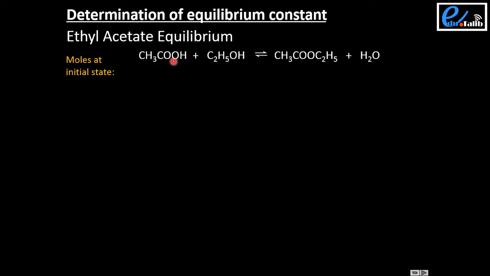Since the number of moles is unknown, we just consider a variable. For acetic acid, this is A, and for ethyl alcohol, we consider another variable, B. Since this is the initial state of the reaction, there is no product. So at the initial state, the moles of the products, the ethyl acetate and the water, are 0.